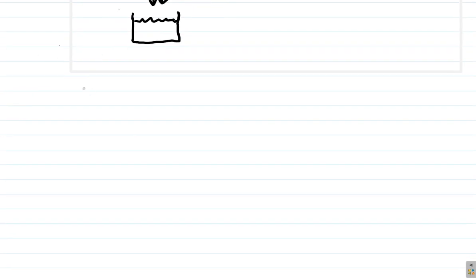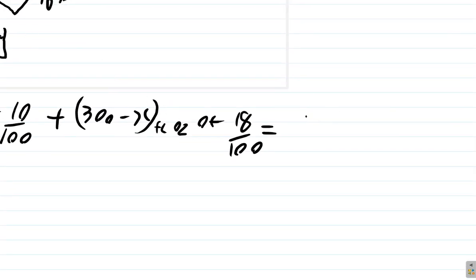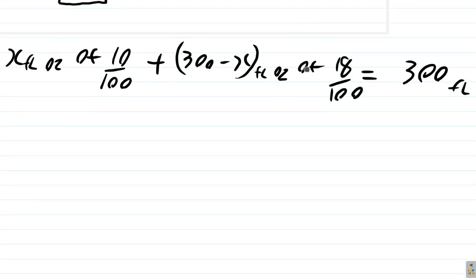We have X fluid ounces of the 10% solution plus 300 minus X fluid ounces of the 18% solution will give us 300 fluid ounces of the 14% solution, right? 14% solution that we need here.